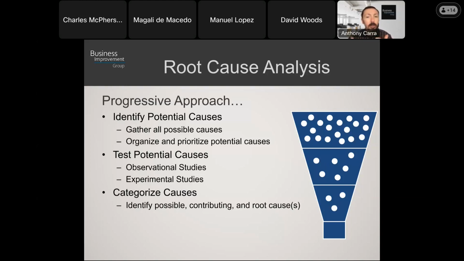That could look like an observational study, where you already have data and you analyze that data, or you visually observe a process. Or experimental studies, where you actually design an experiment, change some parameters, collect the data, and analyze it to determine if there truly is a cause and effect relationship.